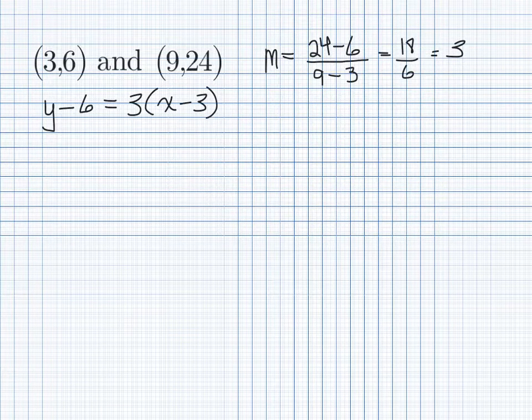So I have y minus 6 equals 3 times the quantity x subtract 3. I could also write y minus 24 equals 3 times the quantity x subtract 9. Either one of these is an equally correct point-slope form for the equation of our line.